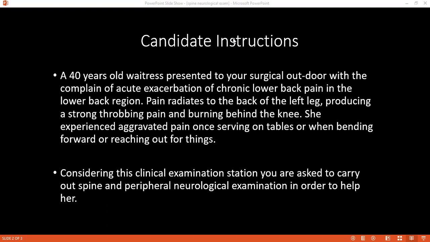Then I will examine the reflexes of the patient. The knee reflex, by hanging his knee on my hand, and then direct tapping on the patellar tendon and looking for any contraction of the quadriceps.